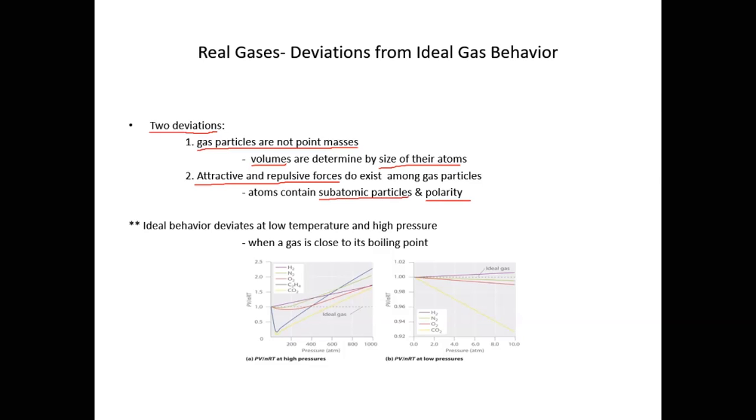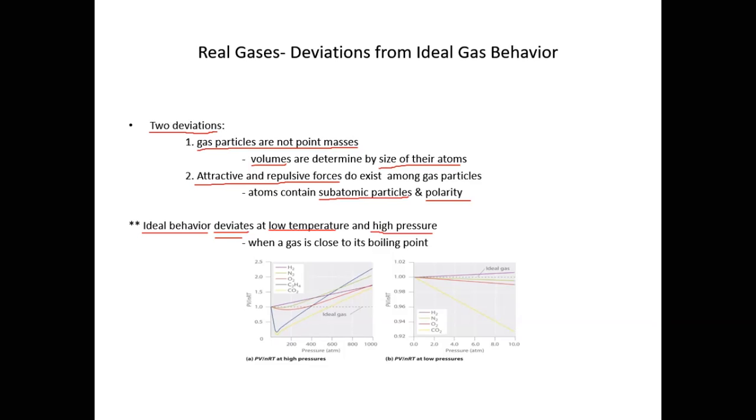Now, as regards temperature and pressure, ideal behavior of a gas deviates when you're at low temperature and high pressure. If you have a gas and you increase its pressure, it's going to deviate more from ideal gas behavior.